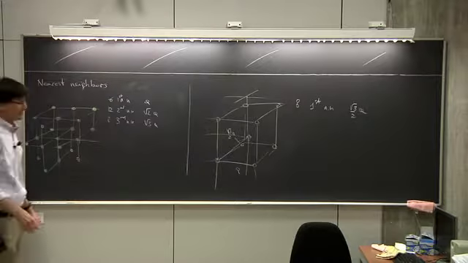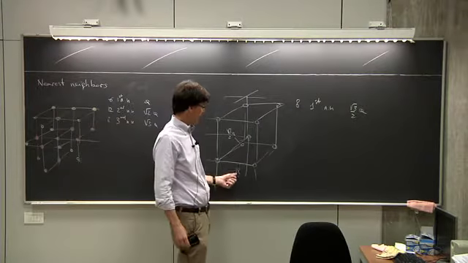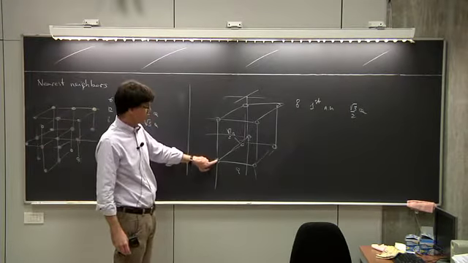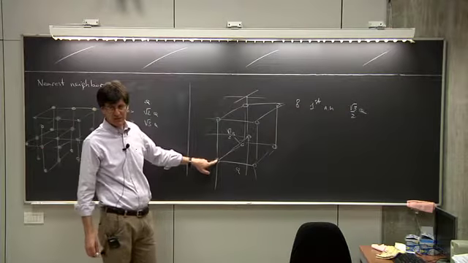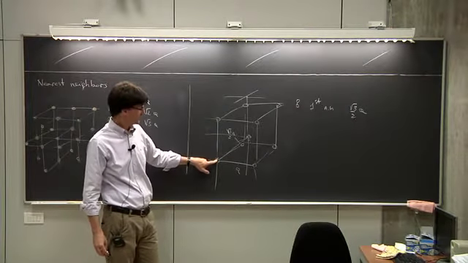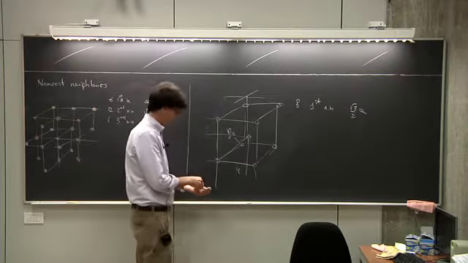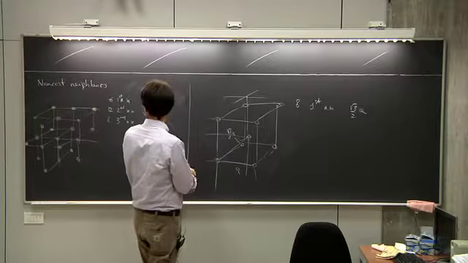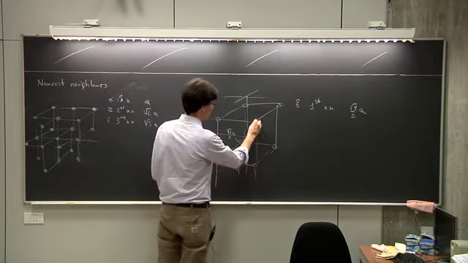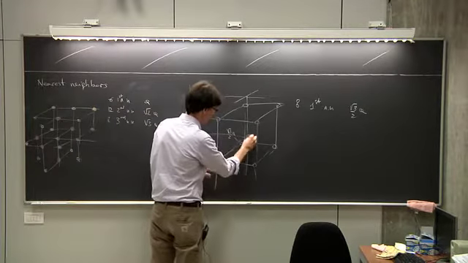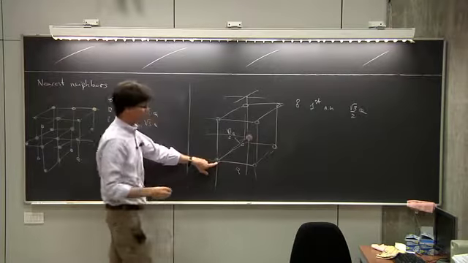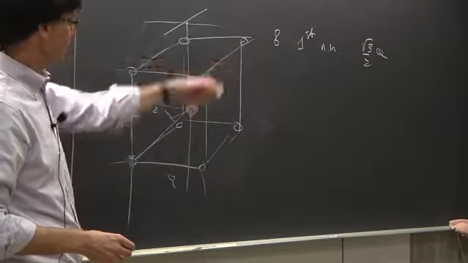What about second nearest neighbors? How many do I have? Now it's probably more convenient for me to sit here to find out the second nearest neighbors. What are the second nearest neighbors? 6, right? Let me use the usual notation, red for the nearest neighbors. So I'm using this as the center. This is the first nearest neighbor. There are 8 of them.